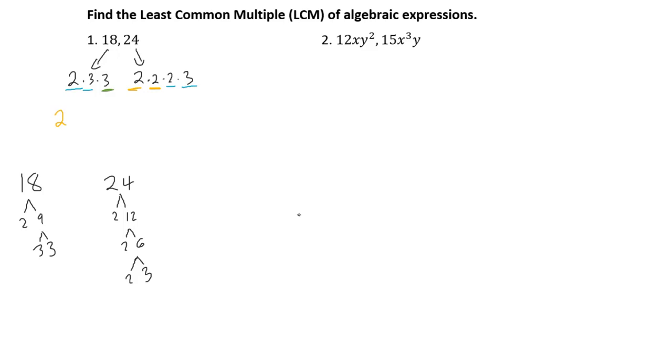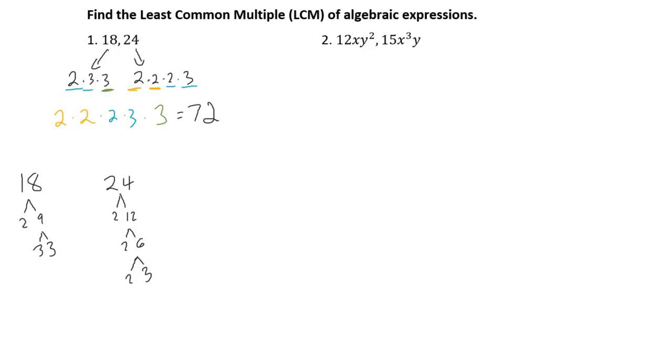So that's 2 times 2, which is just in the 24, the 2 and the 3 that is found in both, and the 3 that is just found in 18. When we multiply that up, that's 9, 18, 36 times 2, 72. And so that gives us 72. That is the smallest number that both go into.